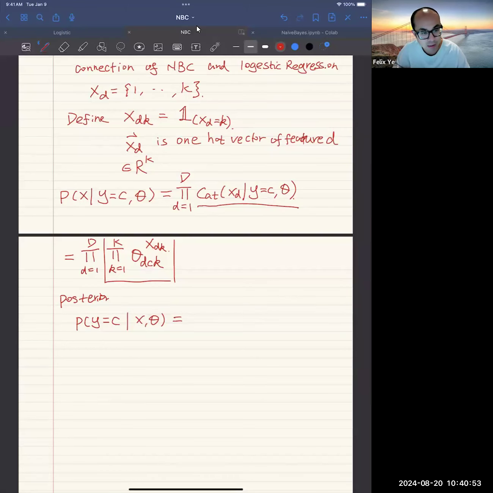In this case we need to add on the prior, which is the probability of y equal to c, and I'm going to call it pi_c here.